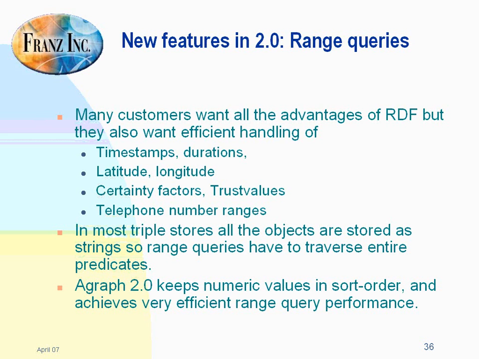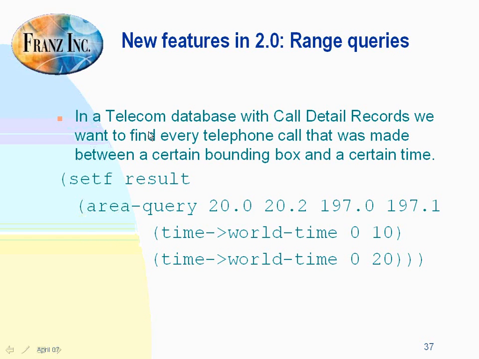So what we needed was a much more efficient way to deal with numbers. Now the problem with the triple stores so far was that everything is represented as a string. It doesn't matter whether it's a number or a string, a resource or a literal. So we went to a different scheme, and now these things are native data types for the triple store.